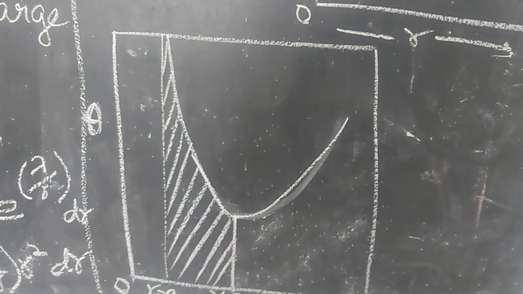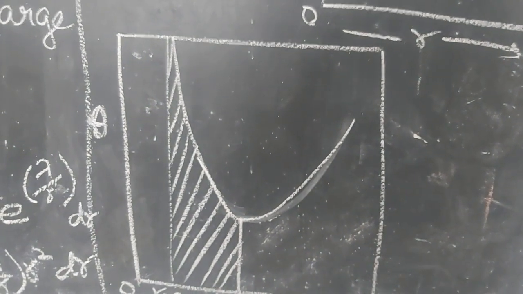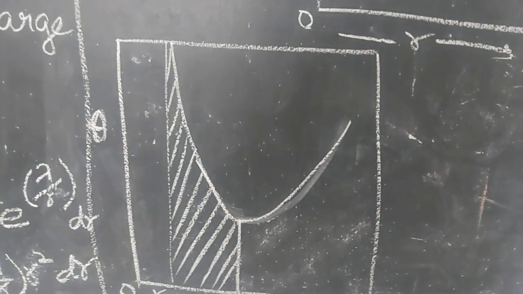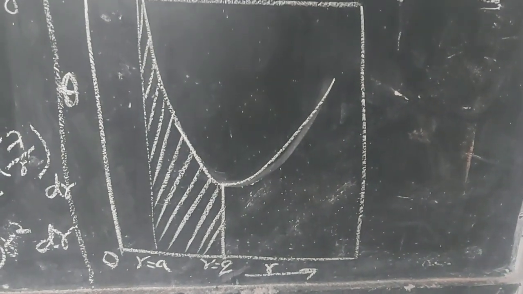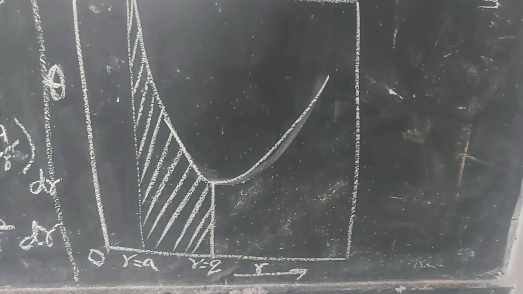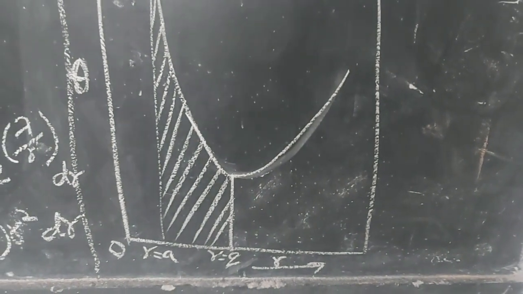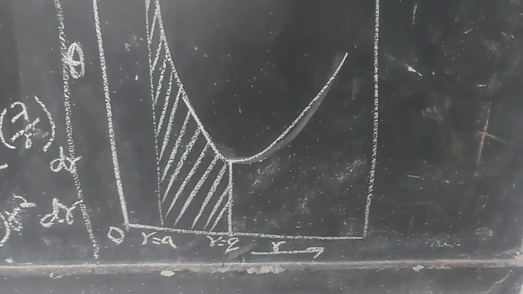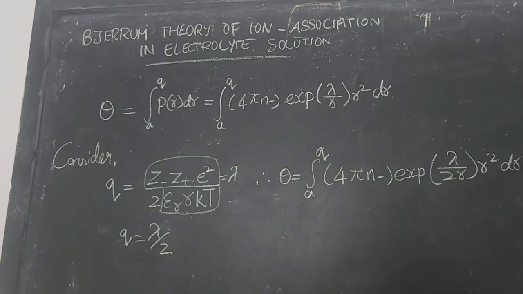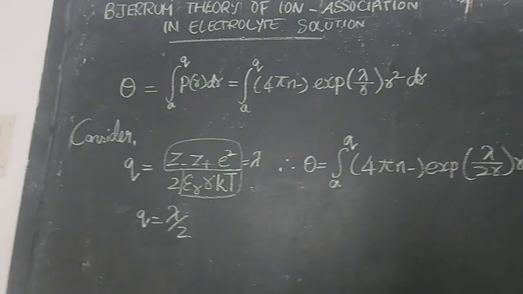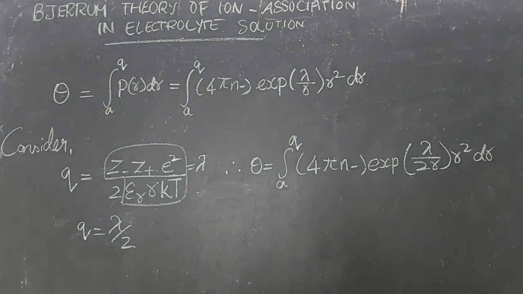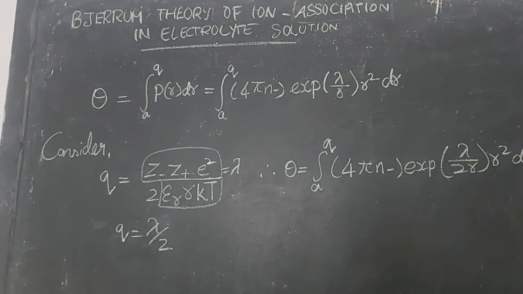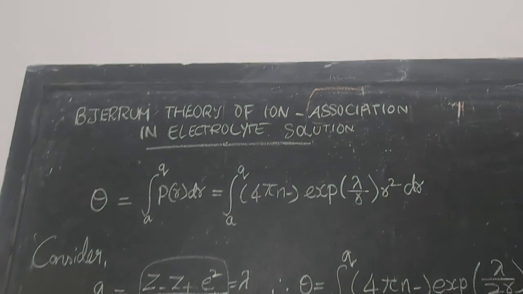Then, taking the closest part of the electrode as r equal to a and the critical point as r equal to q, I am considering r equal to q and r equal to a as the limits of the integral.